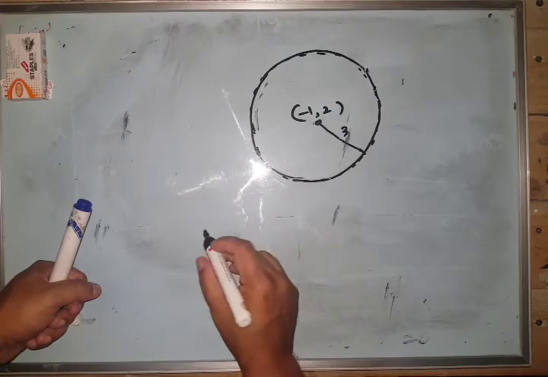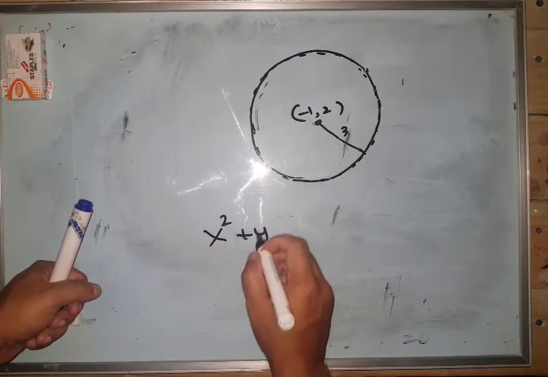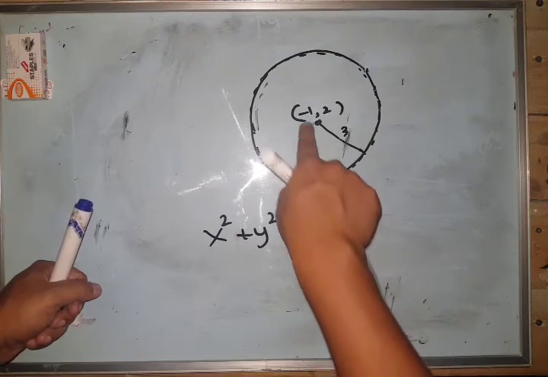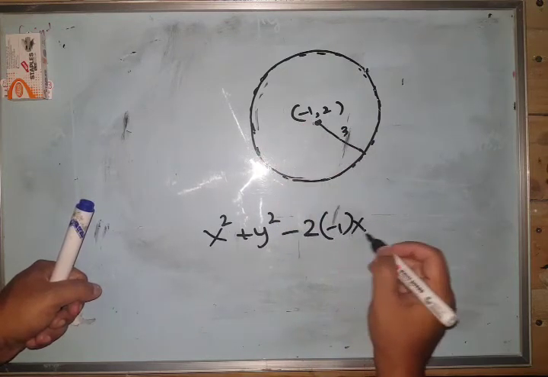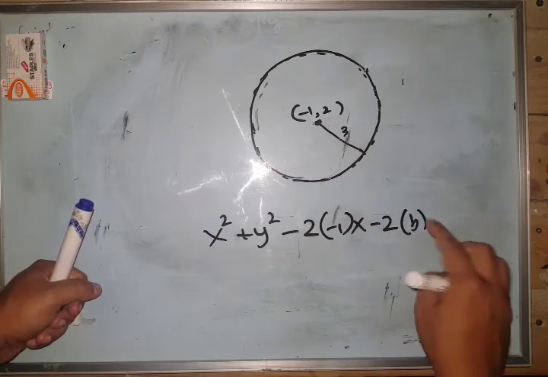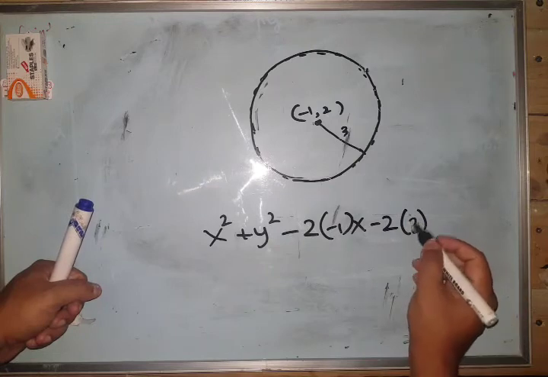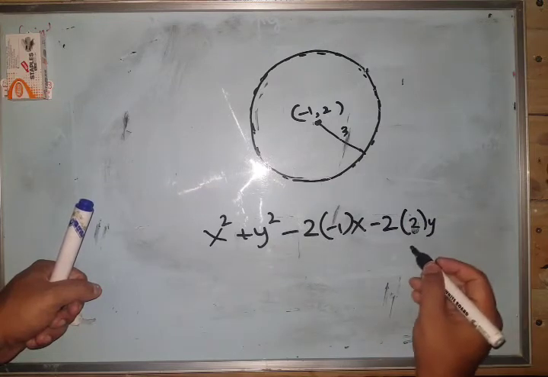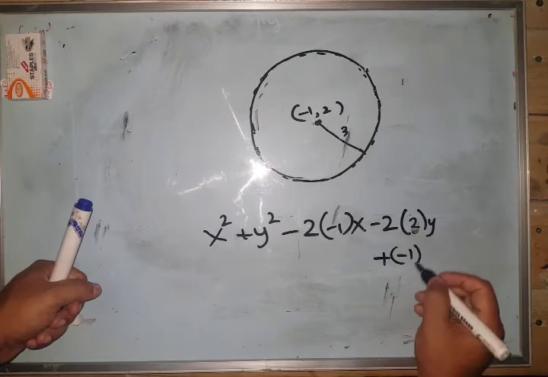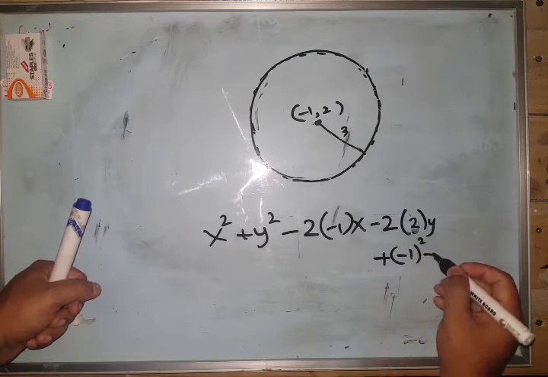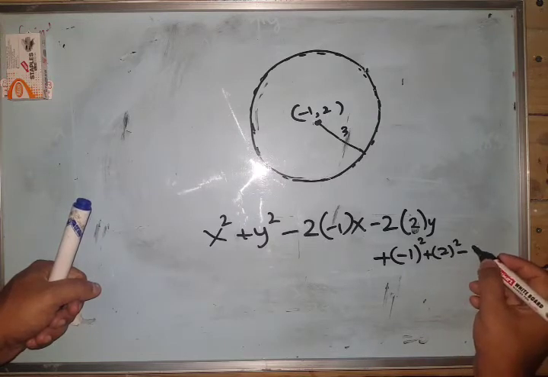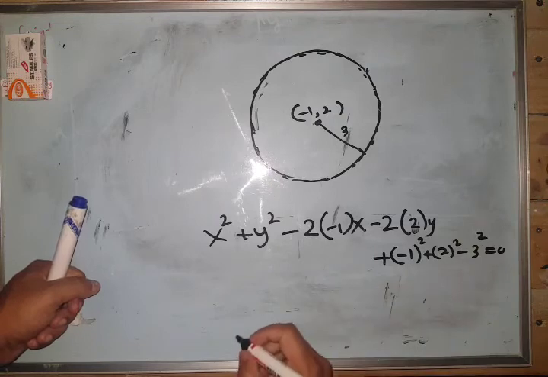In this case, x squared plus y squared minus 2a. What is a? a is minus 1. x minus 2b. What is b? b in this case is 2, so 2y, plus a squared, that means minus 1 squared, plus b squared, that means 2 squared, minus r squared, 3 squared, is equal to 0.